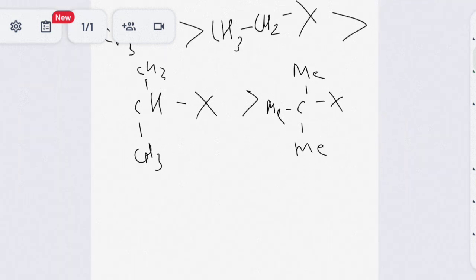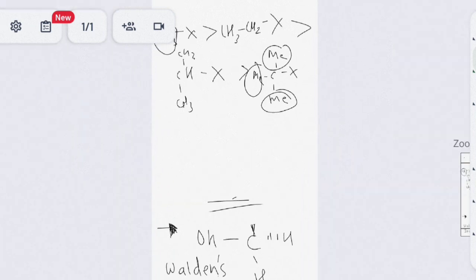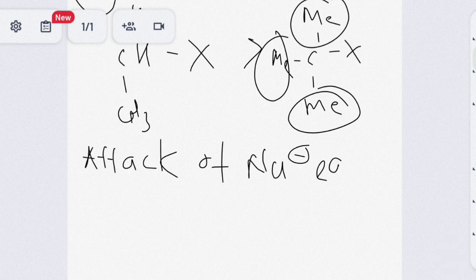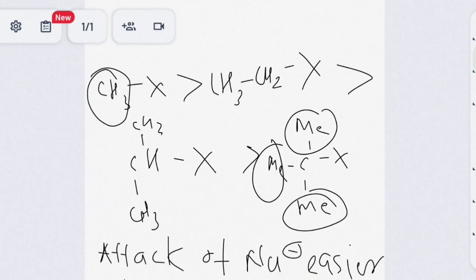The steric hindrance is highest where three methyl groups are present, and here only one methyl group is present. So the attack of the nucleophile will be easier with less steric hindrance. This is the only reason for this chart. You can keep it in mind.